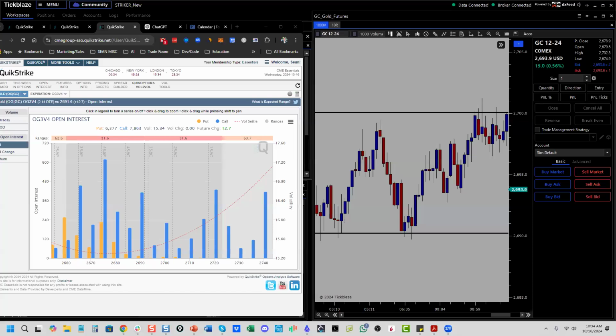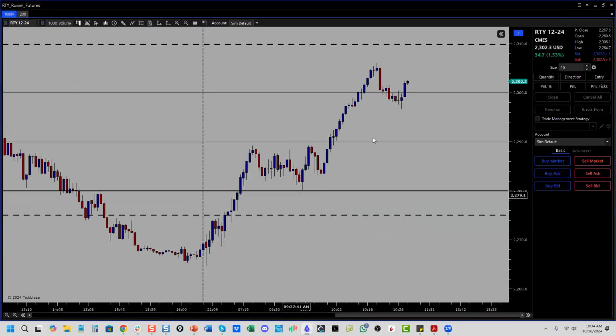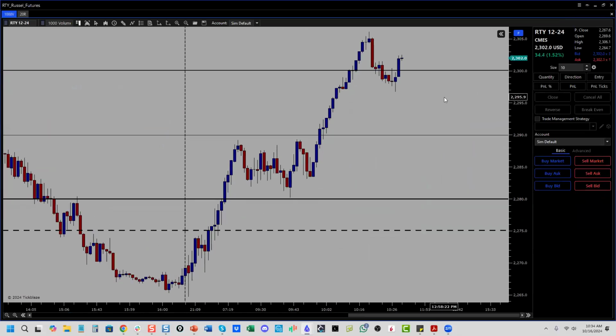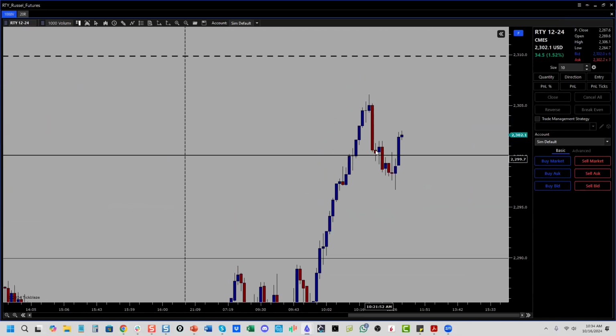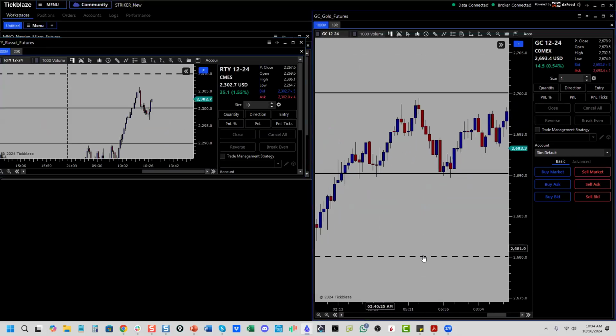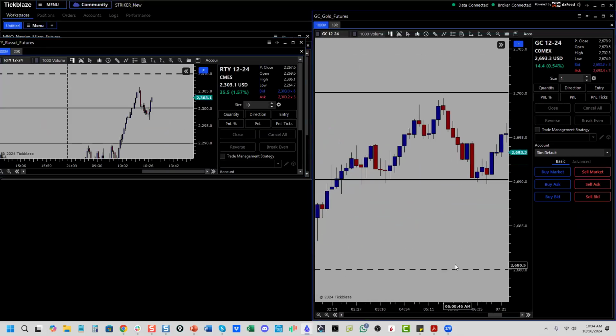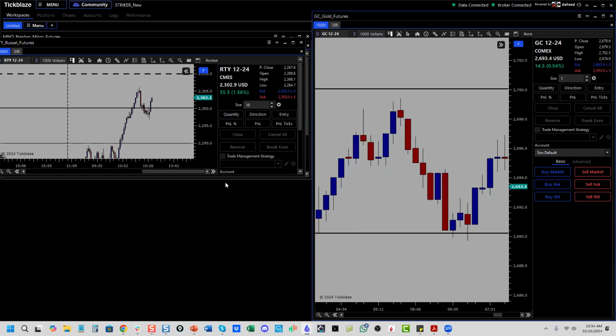Now, if you did that on the Russell, look, I told you, you could enter here, but you overshot that level. The difference between gold, what's the difference between these two patterns? I'm going to see if you see it. That's the NASDAQ.